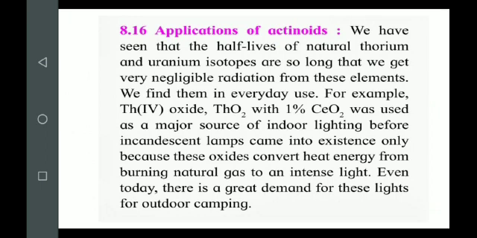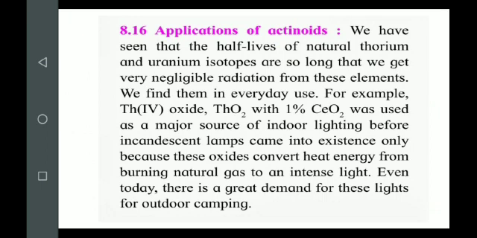We know that uranium is radioactive, thorium is radioactive, but they are not very harmful. You will not get affected by touching uranium or thorium, because their radioactivity is happening at a very slow rate. They are decomposing at a very slow rate.